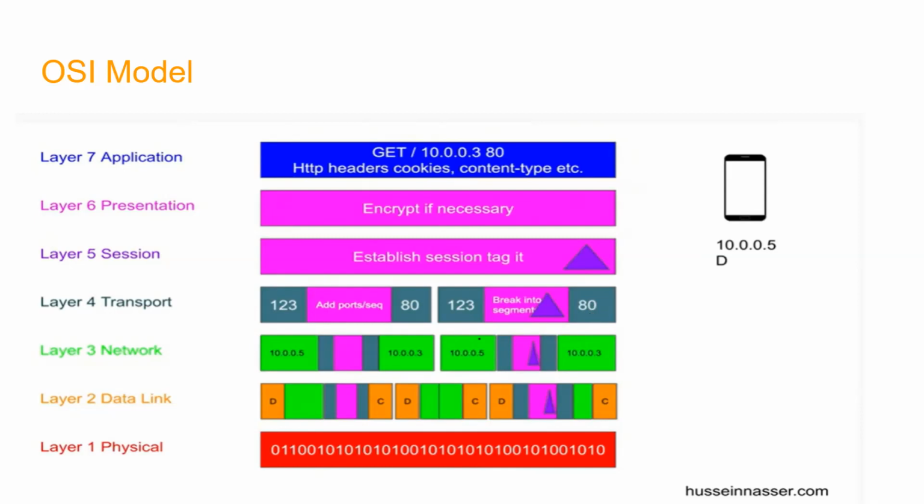Then at layer 3 you have more details, your information gets converted into segments, and at lower levels into frames, and finally at the physical layer you are transmitting in the form of zeros and ones. So your application load balancer is working at layer 7, and your network load balancer works at layer 4. For this layer what you need is the port and the IP address.